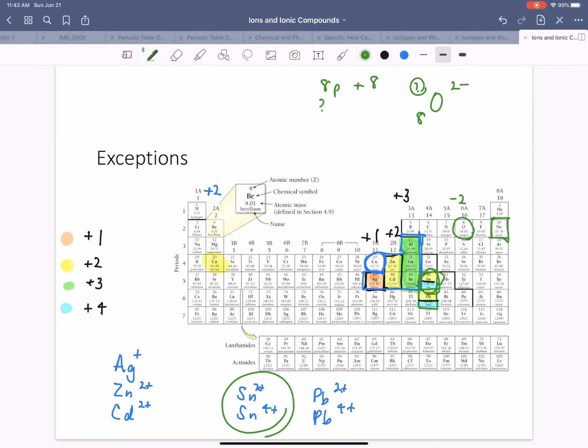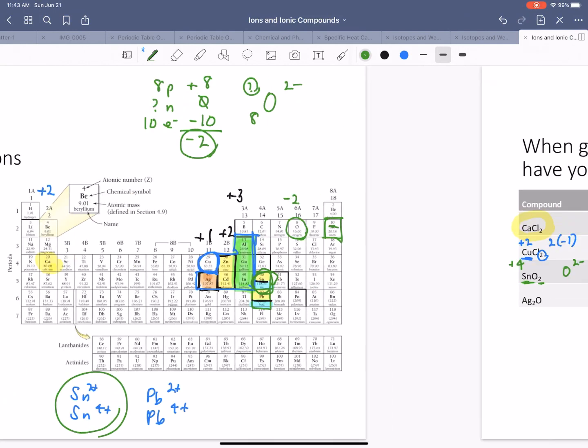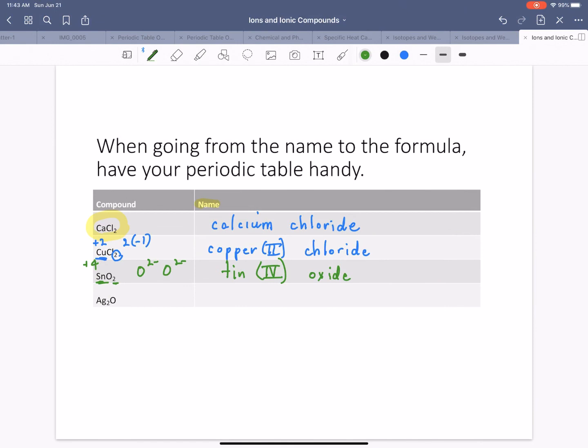Some neutrons, but we don't know. That was an isotope question last chapter. And now, with 2 extra electrons, it has 10 electrons. So when it becomes like neon with 10 electrons, it has a -2 charge. So -2 twice means -4. This must be tin 4.